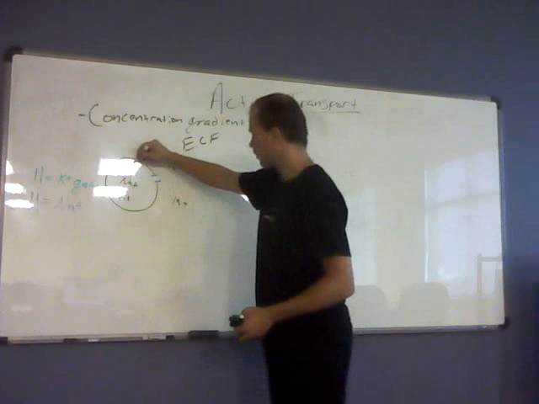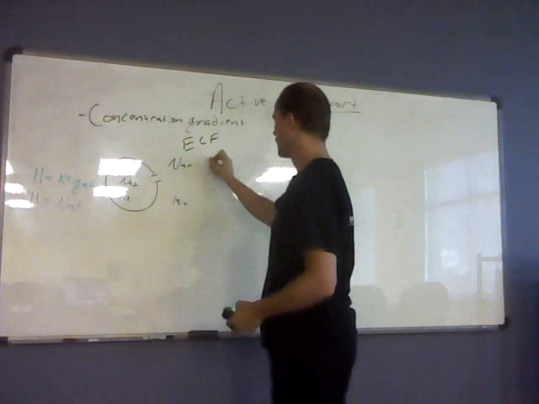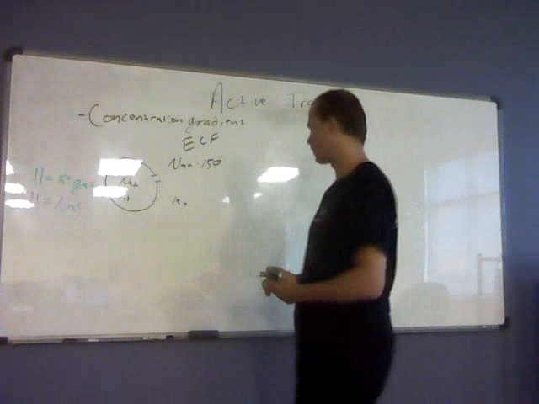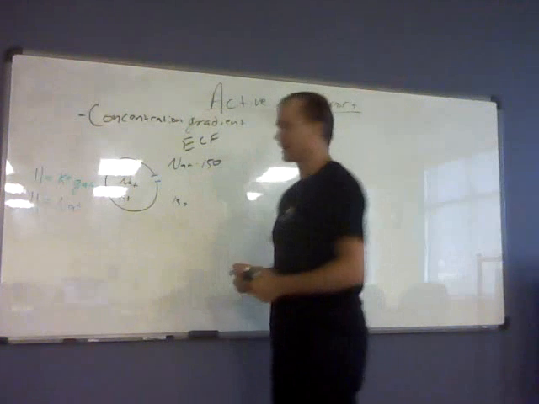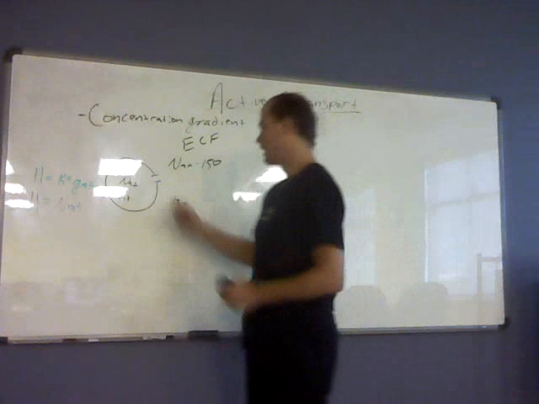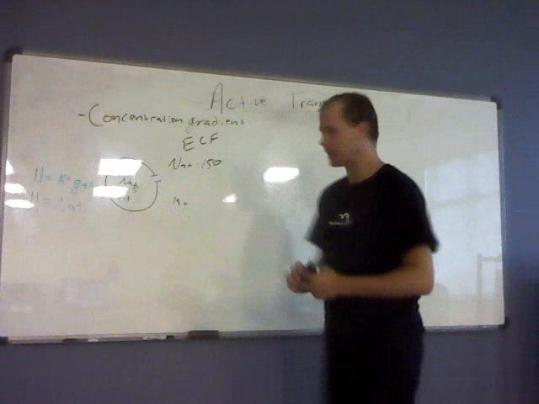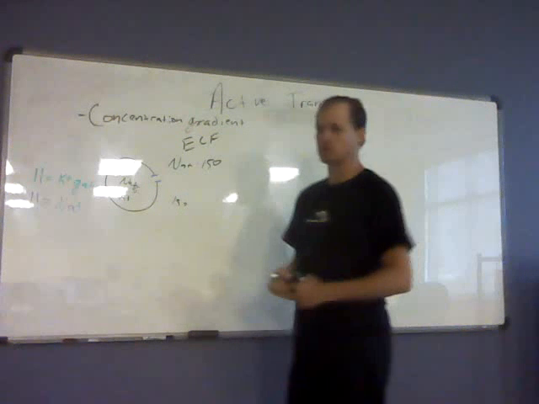Let's stay with the same numbers I've been using. Let's say there's 150 sodium ions in the extracellular fluid outside of the cell, and just for the sake of the talk, there are 5 sodium ions on the inside. You have now created a concentration gradient.